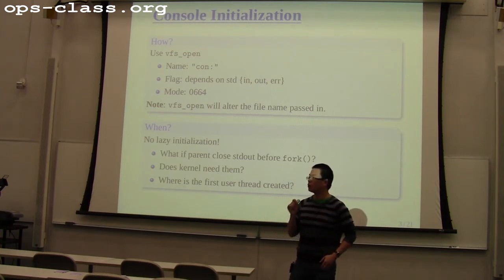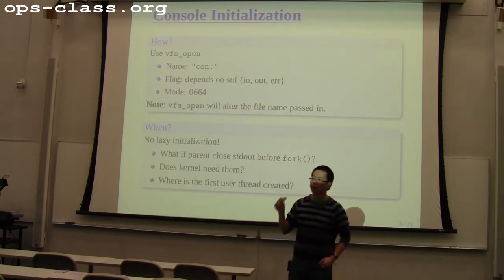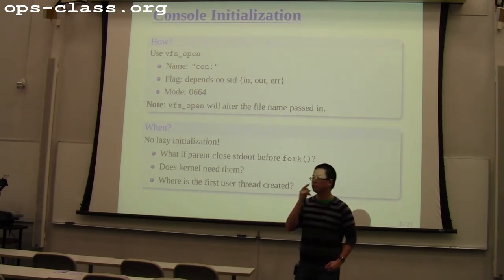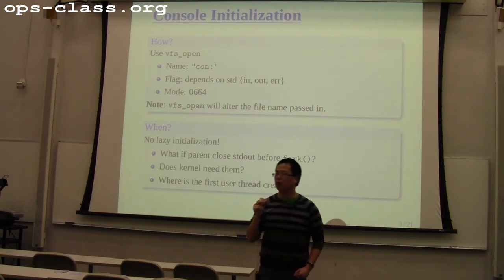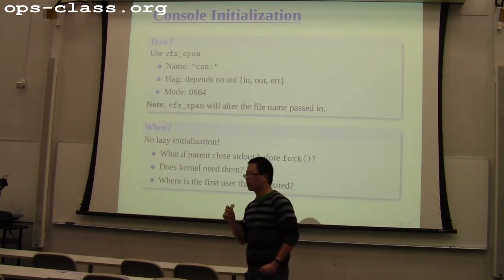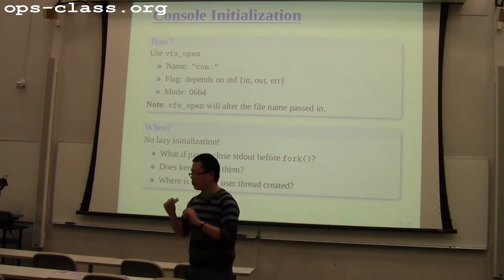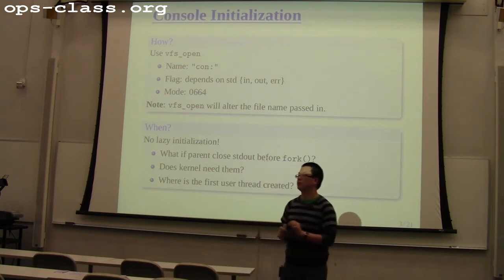At this point, you don't know if it's null because you never opened it for the child, or it's closed on purpose by the parent, right? So when the child writes to the console again, it would get a new file handle. No, because right after fork in the child thread, stdout is actually not available, right?